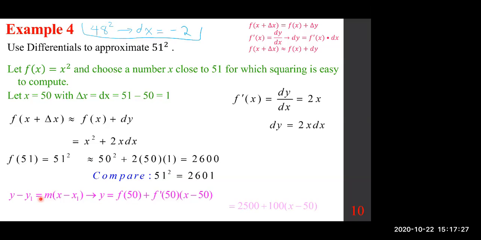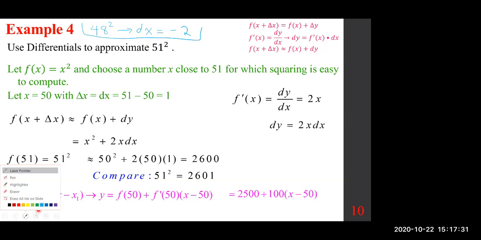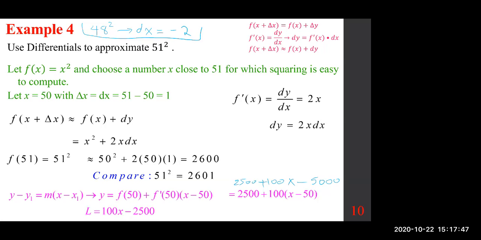So when you finish the job, you get this one. And by the way, this is 2500 plus 100x minus 5000, and they add up to 100x minus 2500.